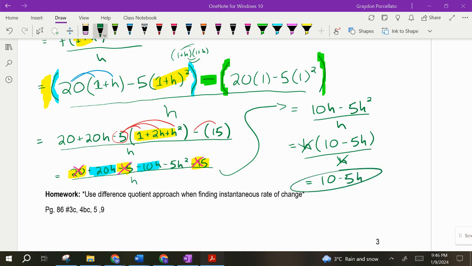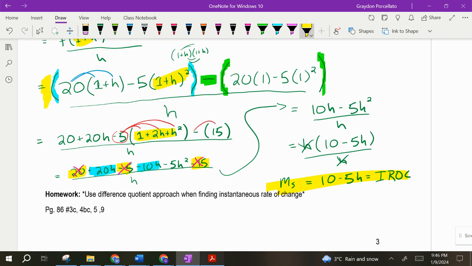And this is an expression for the slope of the secant. So this is what we call our slope of our secant. We can call this ms or our IROC. All right? So that's what that's equal to.